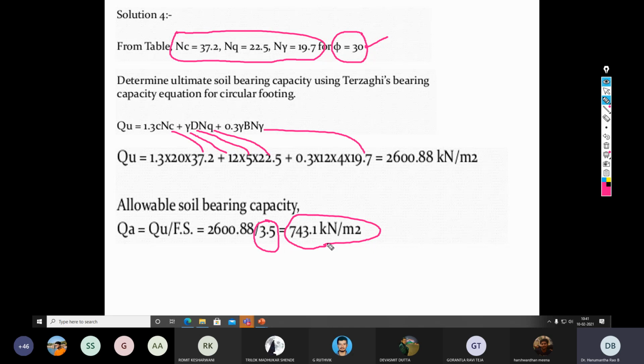So the allowable soil bearing capacity is 743 kilopascals. 2600 minus 743 is a margin, which is accounted for any kind of future failures.